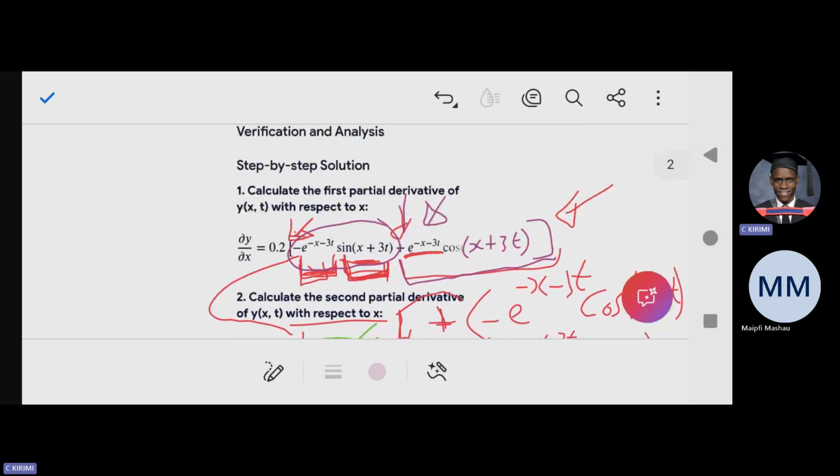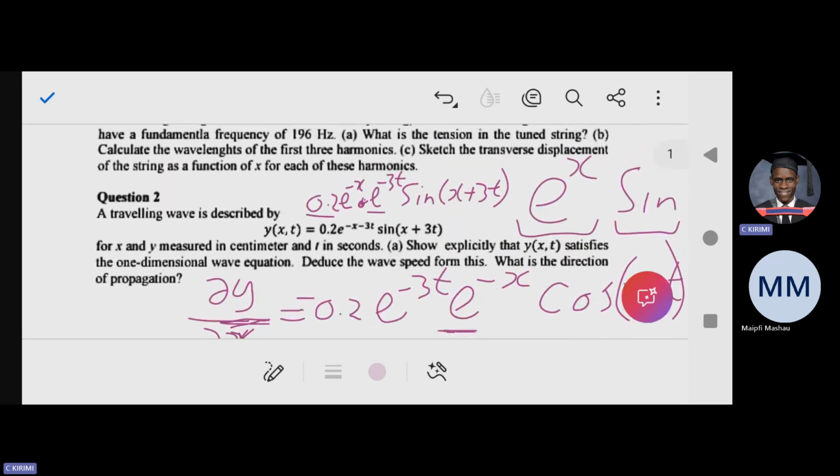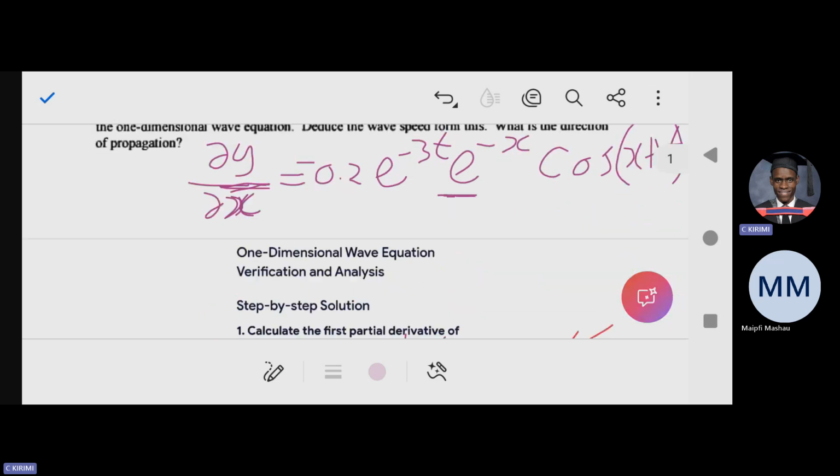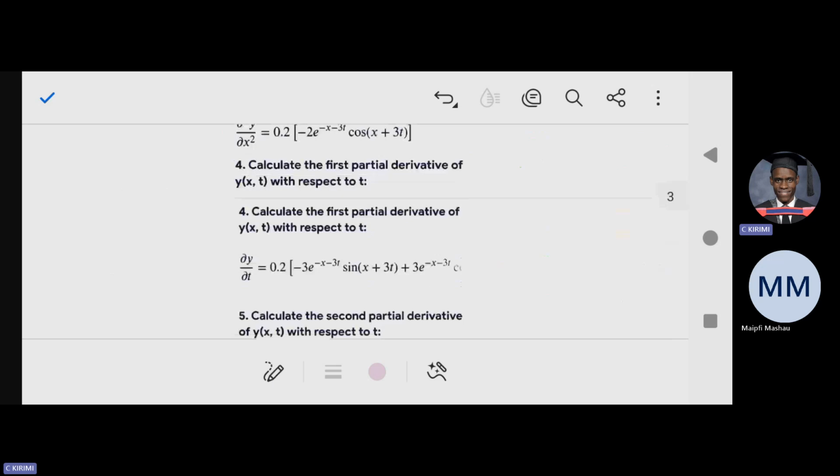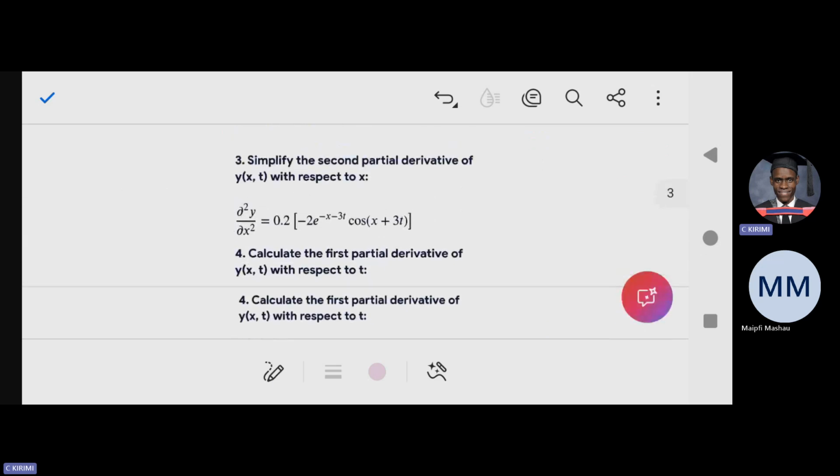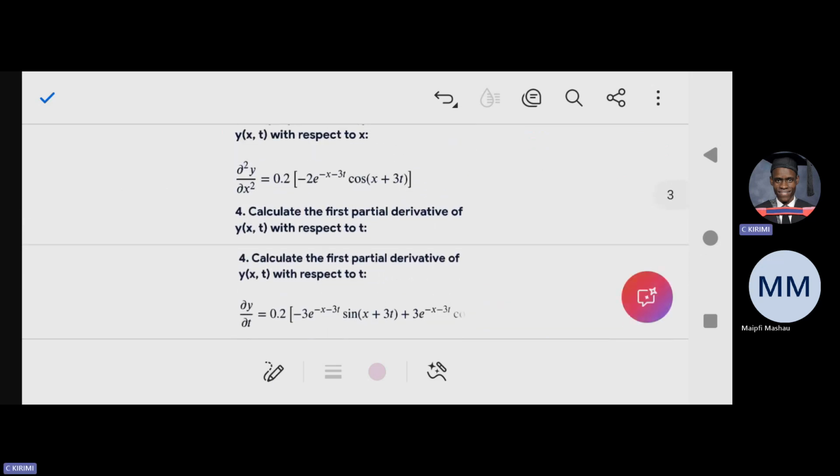Original equation, which we were given, it's 0.2 e to the power minus x minus 3t that. So we can write it here so that we can differentiate it properly while we are seeing it here.